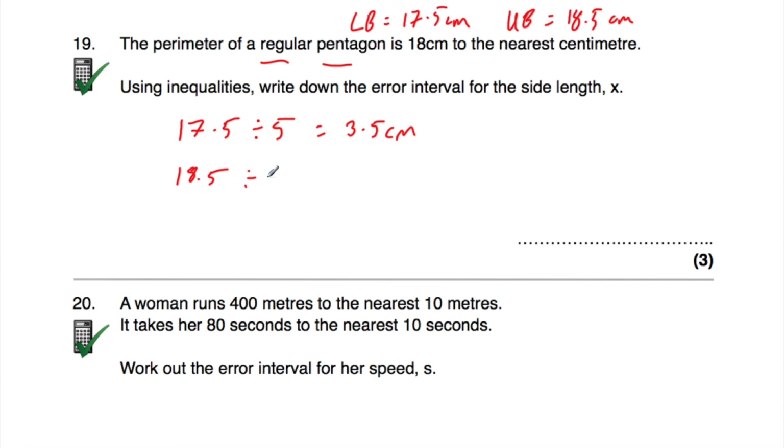If we divide that by 5, because there's 5 sides, we get 3.7 centimeters. So each side is going to be bigger than or equal to 3.5 centimeters, but less than 3.7 centimeters. So let's write that down. x is bigger than or equal to 3.5 centimeters, but less than 3.7 centimeters. And that's it.